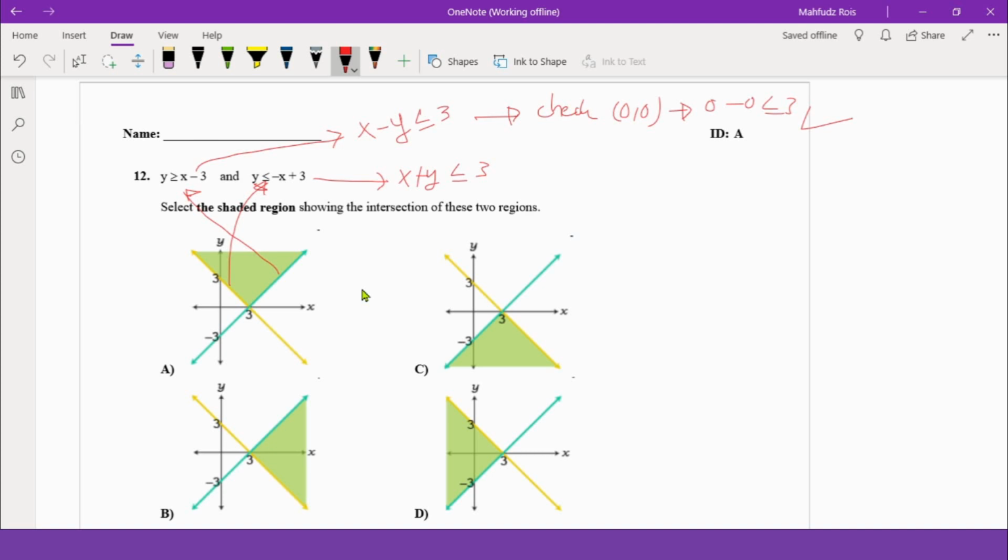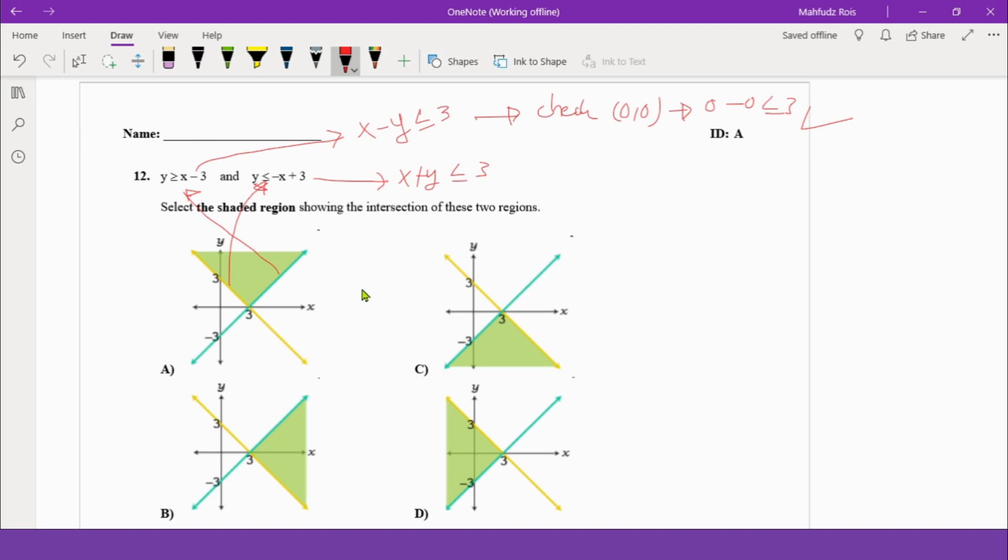If it's true, what does it mean for the blue line? The point (0, 0) should be here, right? Here or here, the same, because the options are the same so we can choose any, but the region is different. That's why we need to find the proper region. After we check with 0, the region is true.